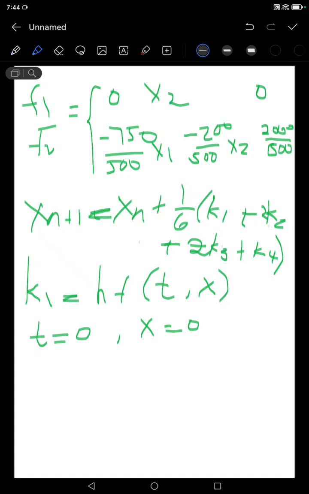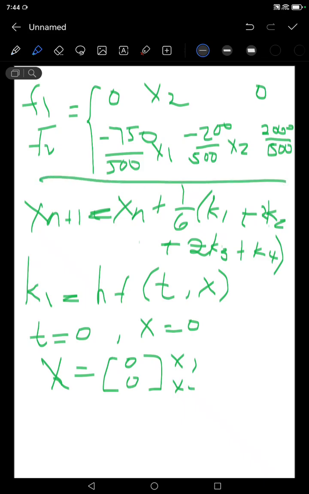We were given that the initial condition is 0 for x1 and x2, since we're going to deal with this matrix form, which is going to be x1 and x2. So our initial condition is x equals 0 and 0, 0 for x1 and 0 for x2.